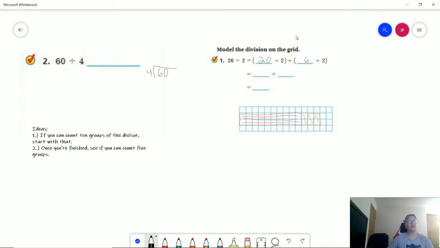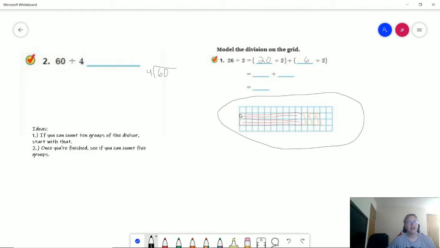So I'm going to start with the one on the right here. And this is going to be our example of using partial quotients. And we're using the distributive property. So what they want us to do is to go ahead and represent this entire picture. And so I went ahead and broke it up into 20 divided by 2 and 6 divided by 2.